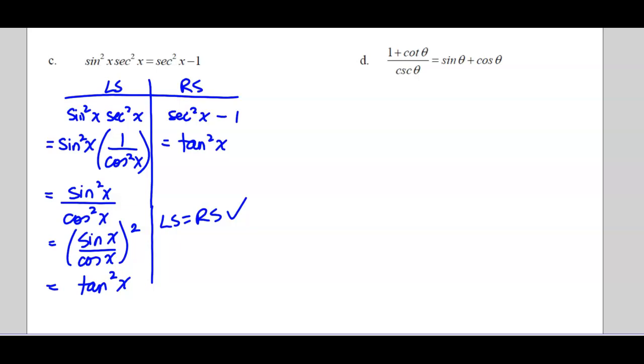Okay, so no denominators here, but I know secant x cannot be undefined, and that's the only one, right? So that means that cos x cannot be 0. A lot of them are going to be very similar.